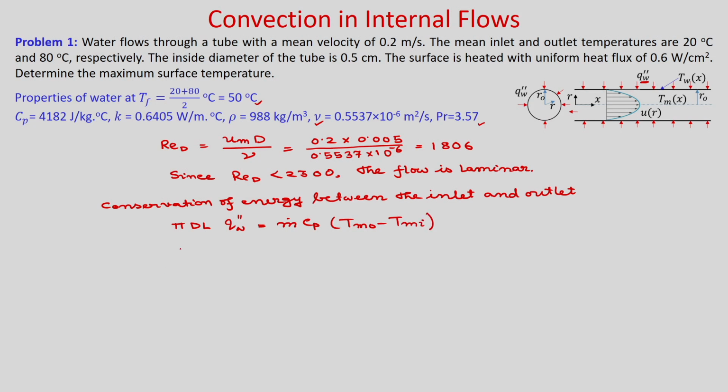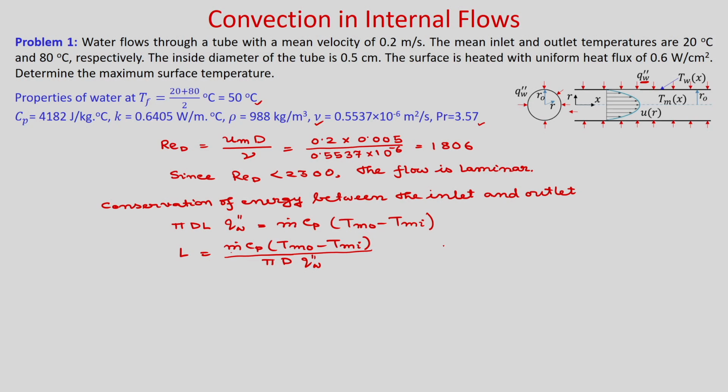Okay. So, length you can calculate as m dot Cp into Tmo minus Tmi divided by pi D q double prime w. You can see here all the parameters are known except m dot. So, m dot you have to calculate.